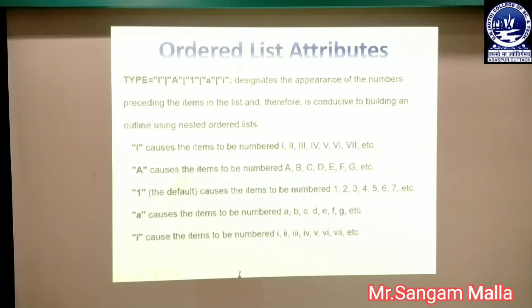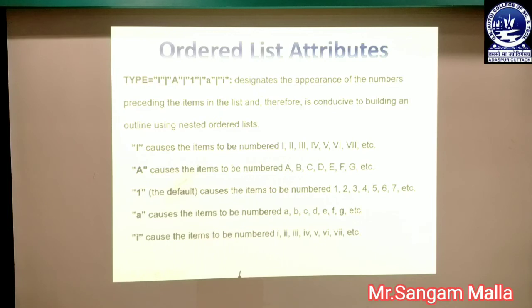Now we will discuss the attributes associated with the ordered list. You can clearly see there is a type attribute for the ordered list also. The type attribute is also there in the unordered list, but the values were different. Similarly, the ordered list has the type attribute, which has different values.